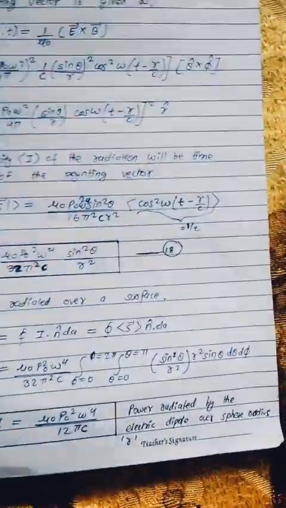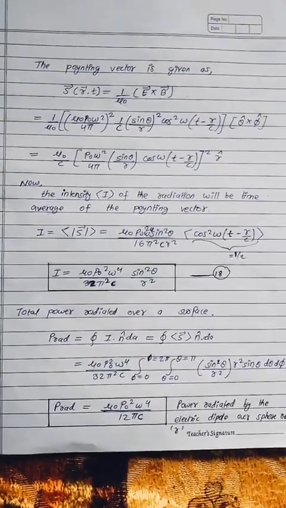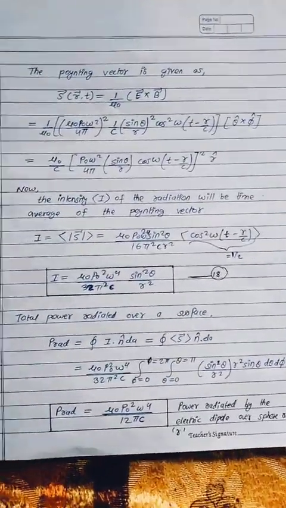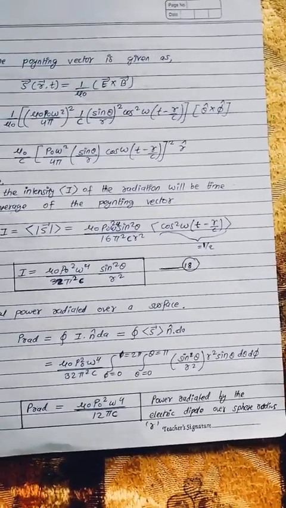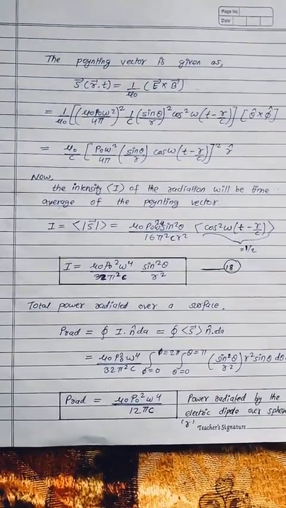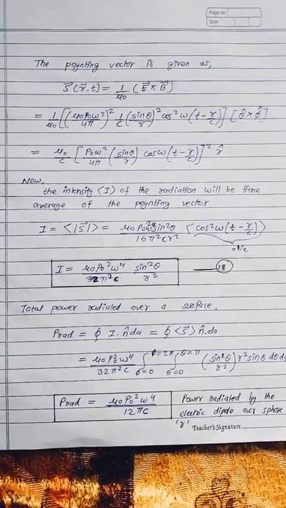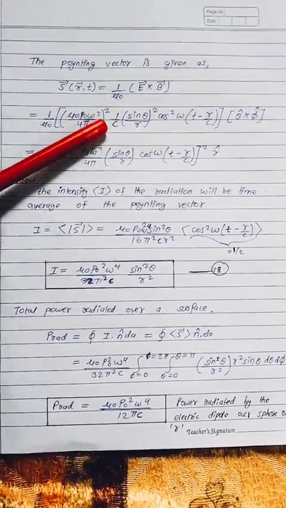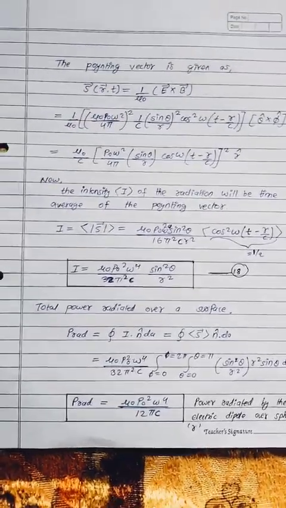Then finally put the magnetic field expression and the electric field expression in the Poynting vector. Then we get both calculated. After this we get this square.